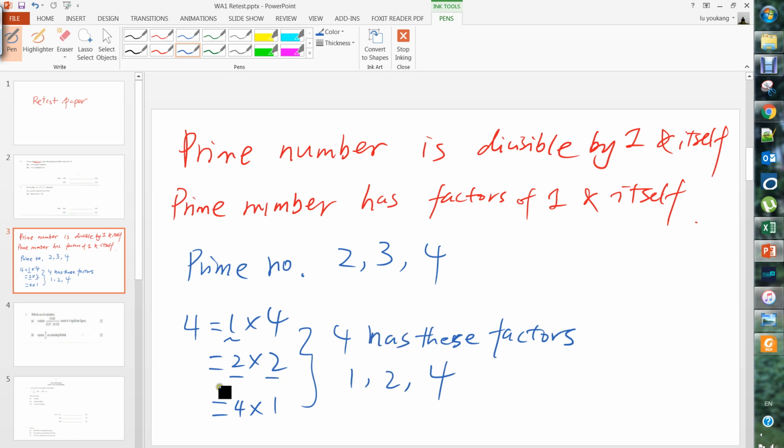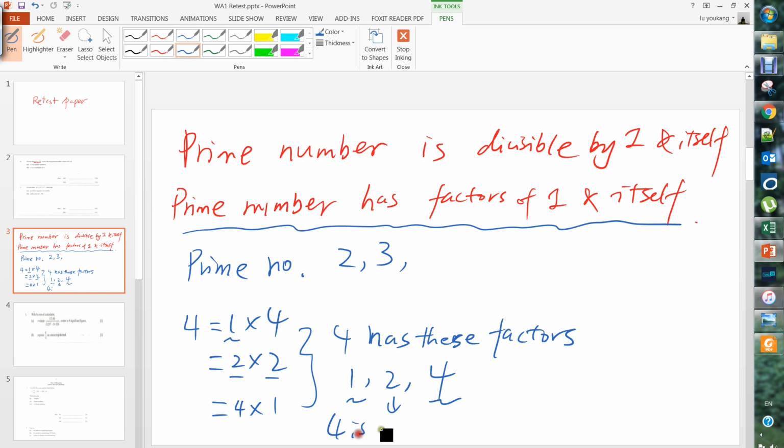And therefore 4 is not a prime number, because what? Because the definition of a prime number is that it has factors 1 and itself. So over here, 1 is here, itself is here for 4, but it has this 2. Okay, so therefore 4 is not a prime number. Okay, so let's move on.